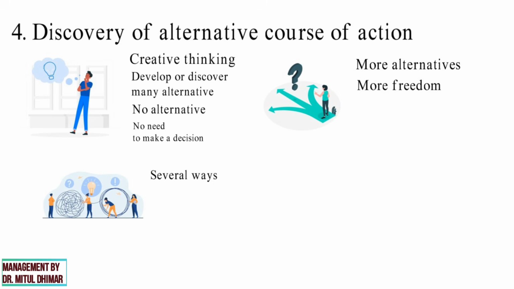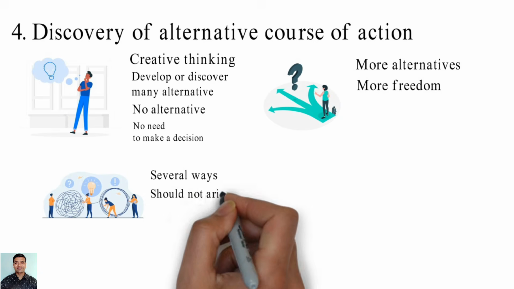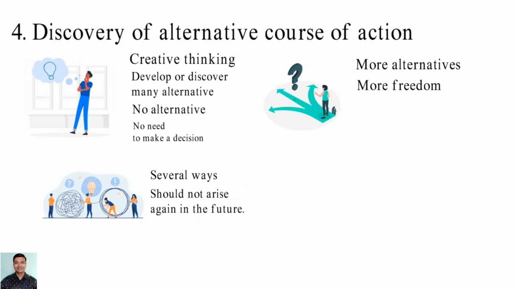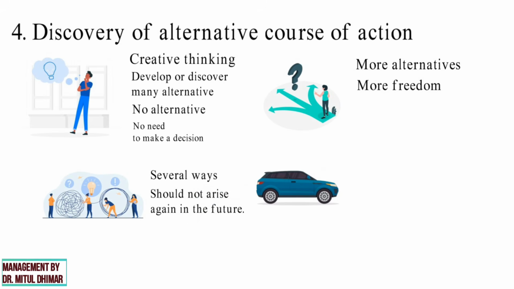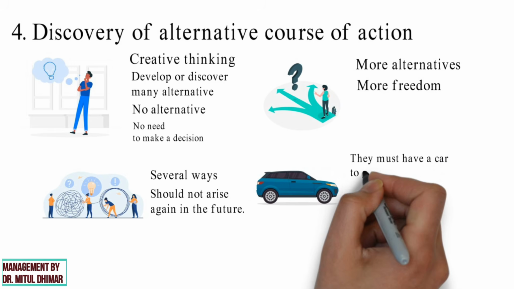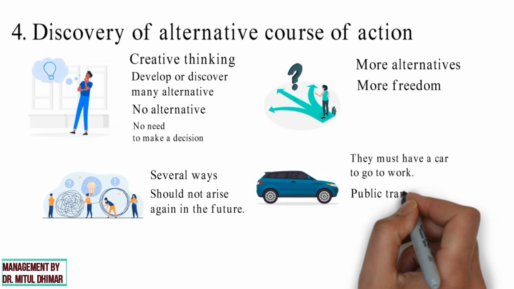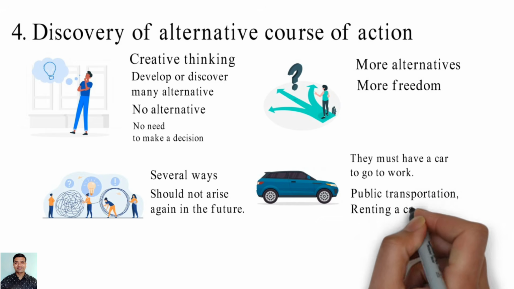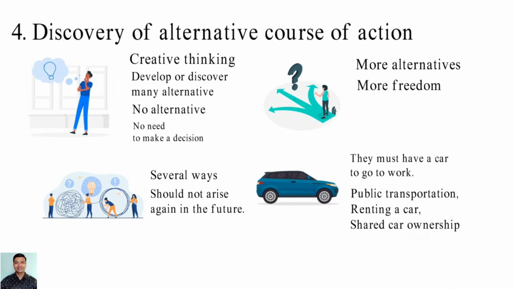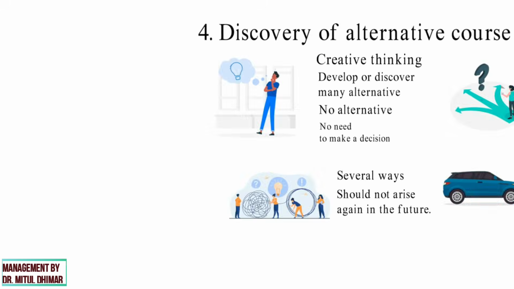At the same time, a solved problem should not arise again in the future. For example, most people believe they must have a car to go to work. However, they should consider other alternatives such as public transportation, renting a car, share car ownership, or a company car.